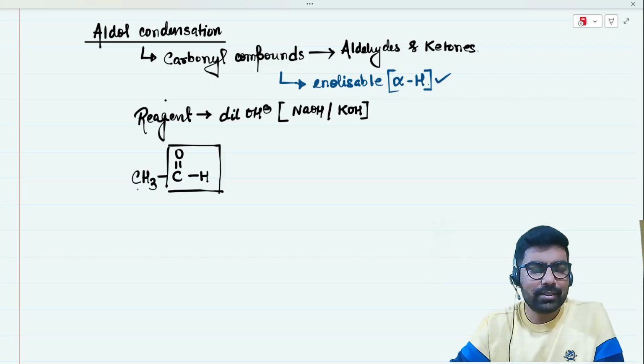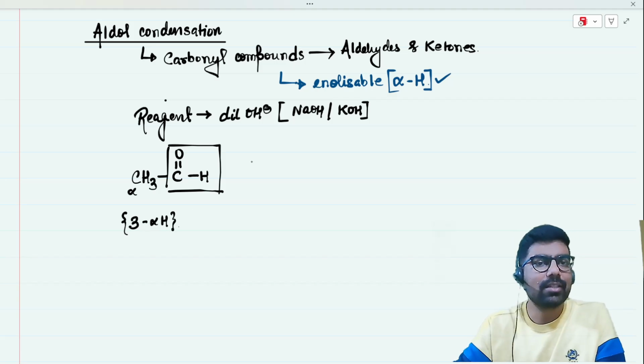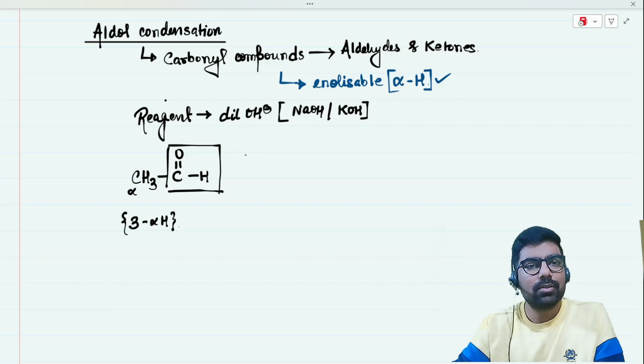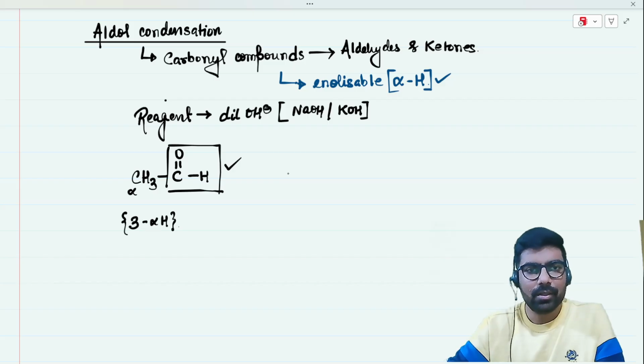This is the carbon attached to the functional group, so this is my alpha carbon. And how many alpha hydrogens are there? There are 3 alpha hydrogens. So this molecule fulfils the criteria to do aldol condensation because it has 3 alpha hydrogens, so it will undergo aldol condensation. This is basically the acetaldehyde molecule.